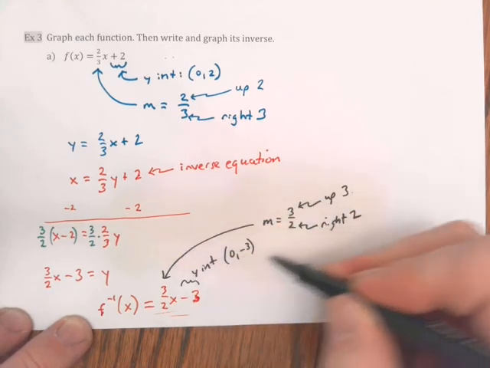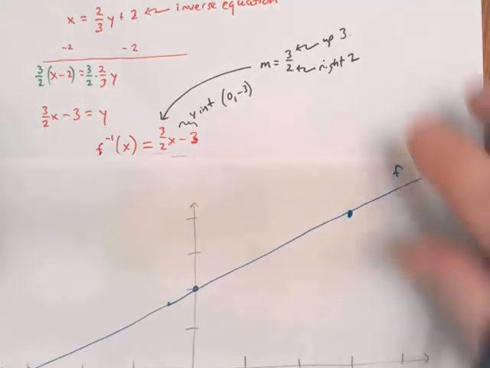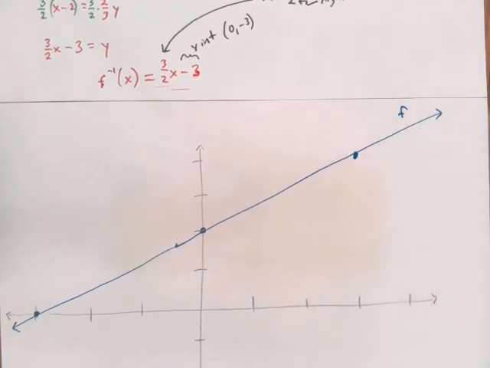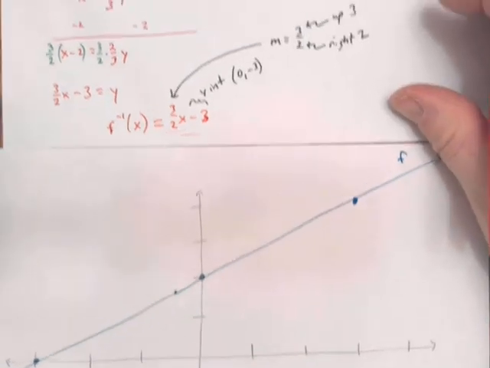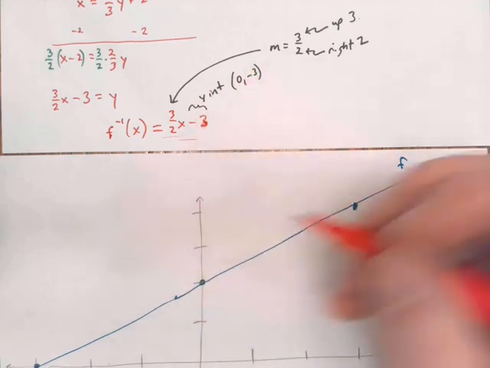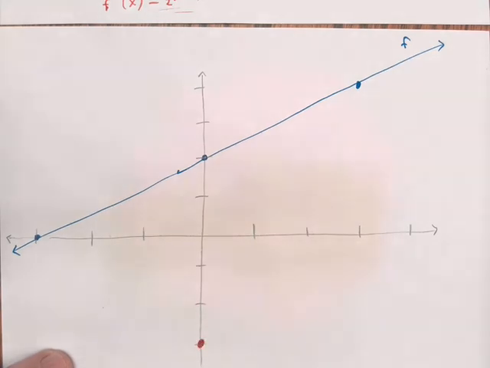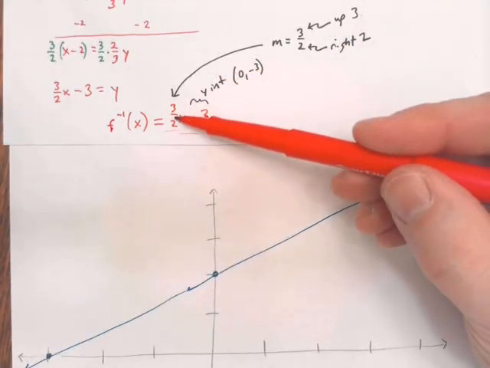So taking that information from our inverse equation, I should be able to graph. When you do the inverse graph, you can put it on the same graph as the original if you'd like, or do it on two separate graphs, but it's a little better if we do it all on the same graph. So here's our inverse equation. We have a y-intercept at -3, so I'm going to go to -3 on our y-axis and put that point in. And then from there we have a slope of 3/2.